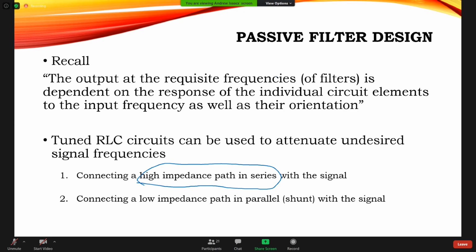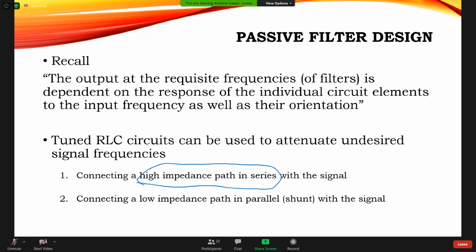But when I'm using the RL, remember now, it's the high frequencies that I want to pass. So I want to attenuate low. I put the low impedance path in parallel. So I want it to divert, so to speak, the low frequencies. So I put the inductor, which has a low impedance to low frequencies, in parallel, because that is what I want to attenuate.